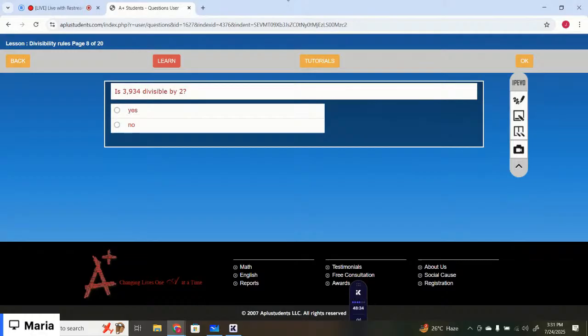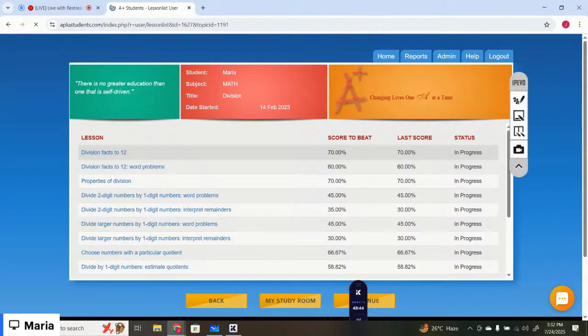Is 3,934 divisible by 2? Yes, it is divisible by 2. Okay, complete the lesson by yourself later today. Let me just move on to the next lesson.